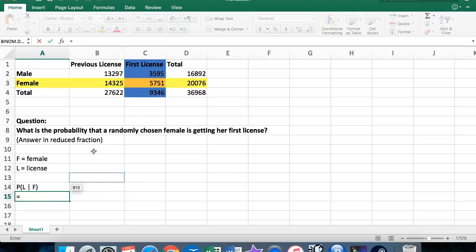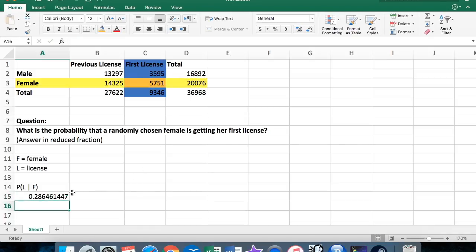There are 5,751 females with a first license. That's going to be your numerator, right? And now your denominator, well, we're only working with females, right? We only are choosing the 5,700 of the 20,000 females. So that's going to be your denominator.